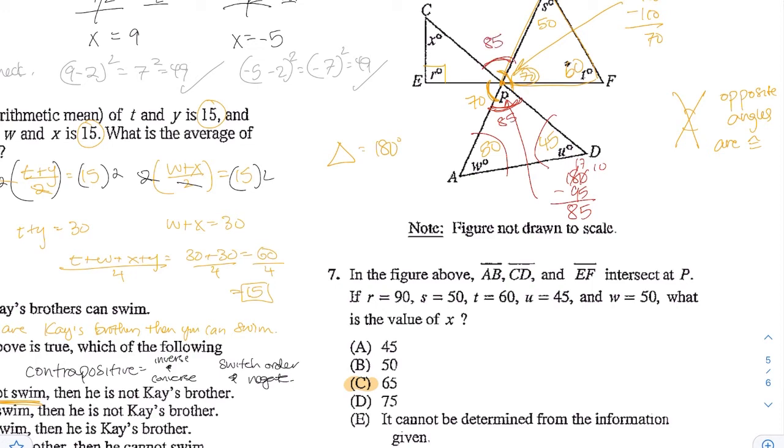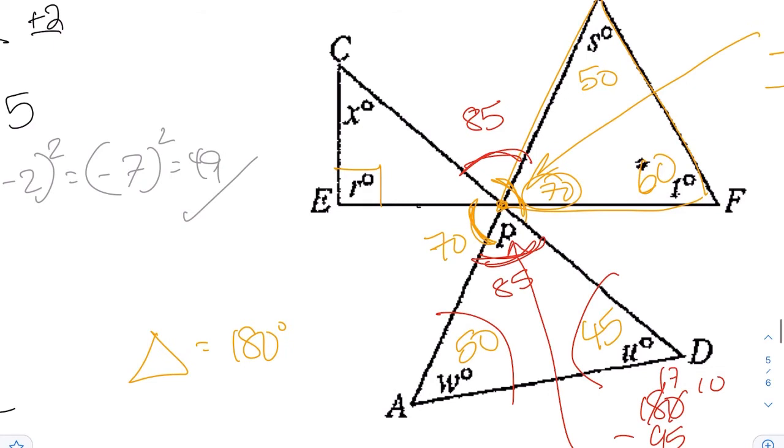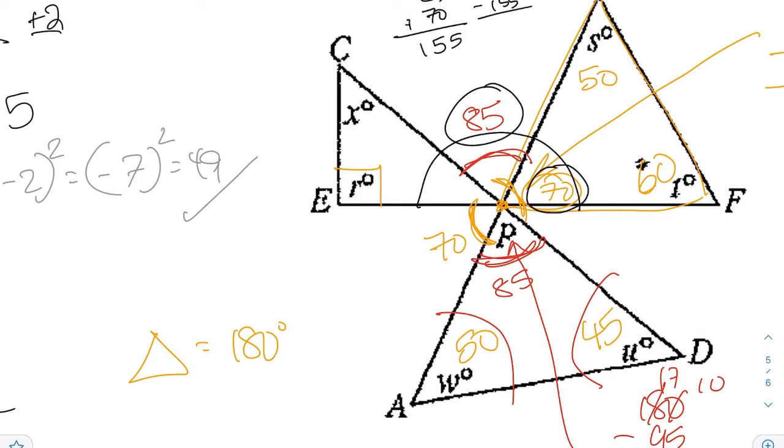And now we can actually use the fact that a straight line is equal to 180 degrees. They're supplementary. So here we actually have a straight line where you have an 85 and a 70. So 85 plus 70 is 155. Then you do 180 minus 155, and you'll get 25 degrees.